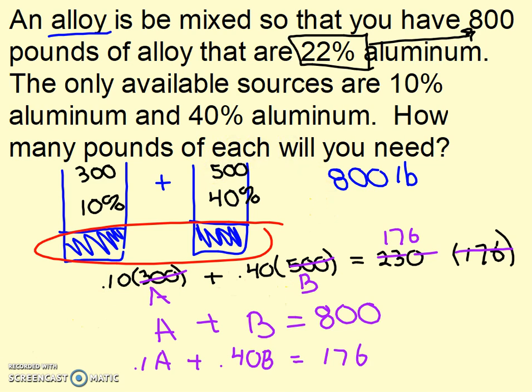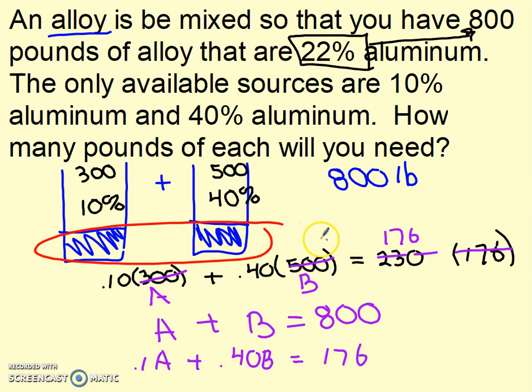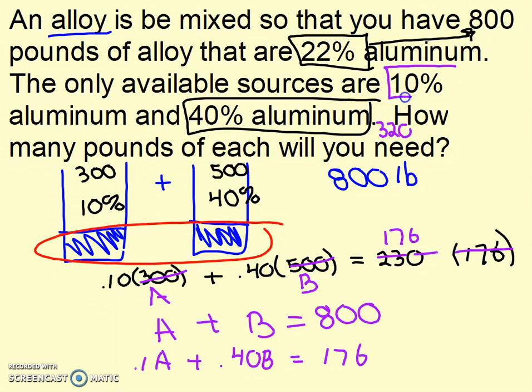B was 320, B was the second one. So 320 of that, and 480 of that. And you're done.